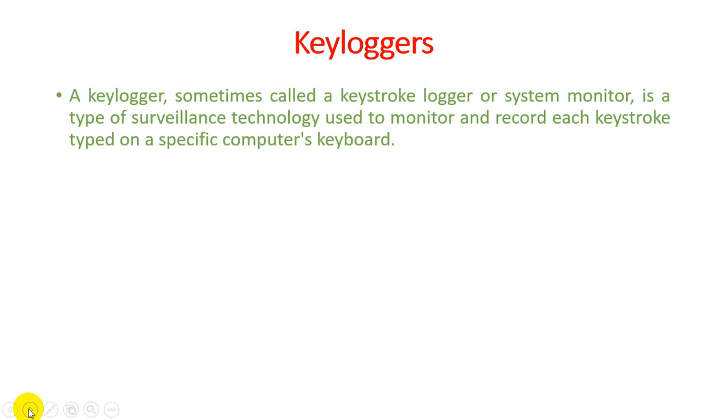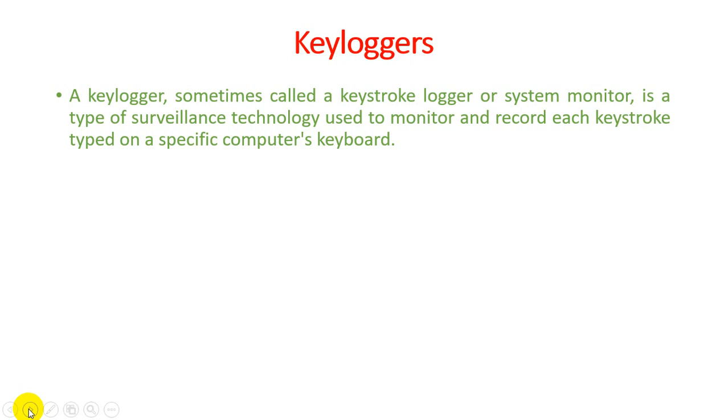A basic definition: a keylogger, sometimes called a keystroke logger or a system monitor, is a type of surveillance technology used to monitor and record each keystroke typed on a specific computer keyboard.